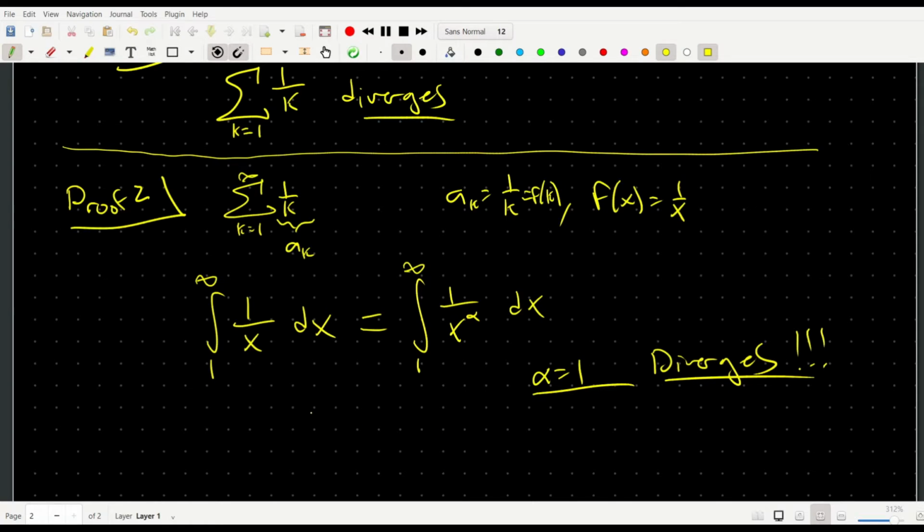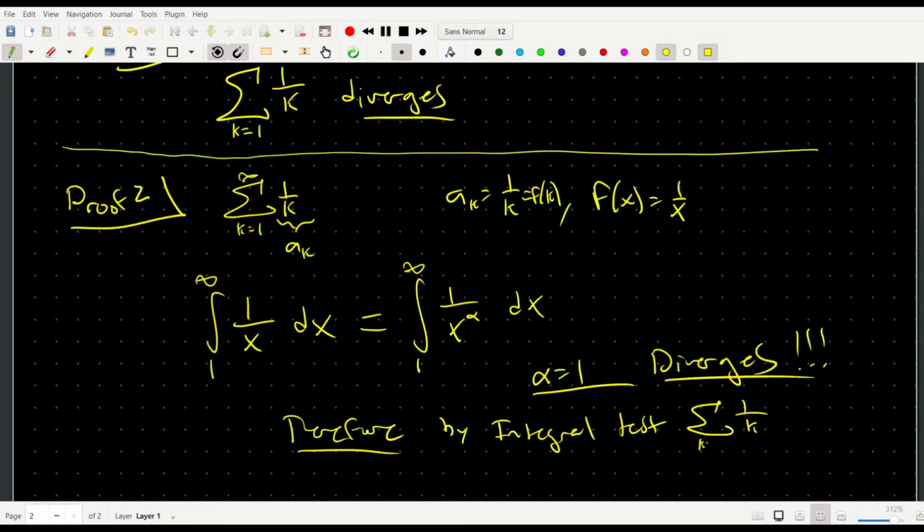But then, therefore, by the integral test, the sum of 1 over k from k equals 1 to infinity also must diverge. And this is the second way of proving that the harmonic series has to diverge.